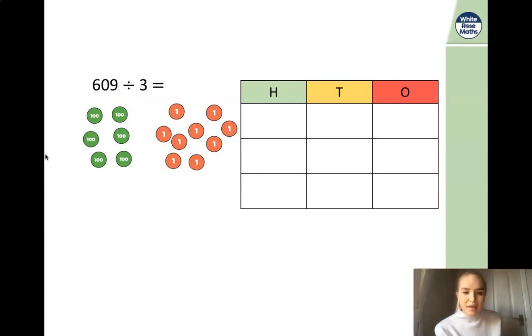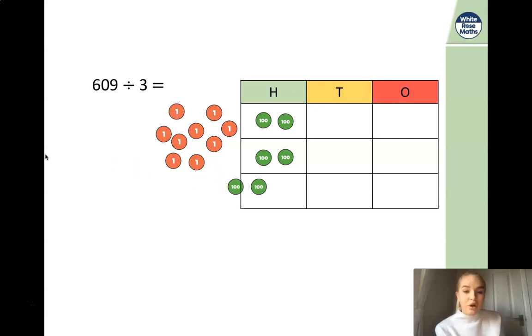Now, remind me, do we start when we are dividing with our hundreds, tens or ones? Hundreds, well done. So I know that I can split my 600s equally between my 3 rows because I know that we can divide 6 by 3. So you can see that I have got 200s in each of my rows.